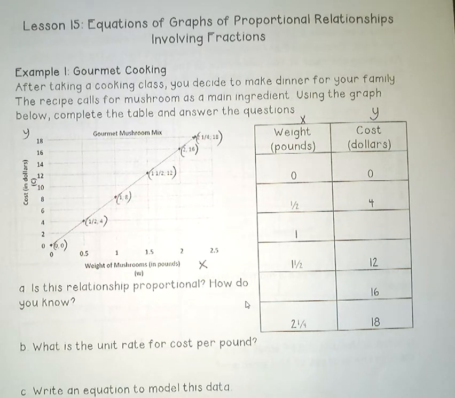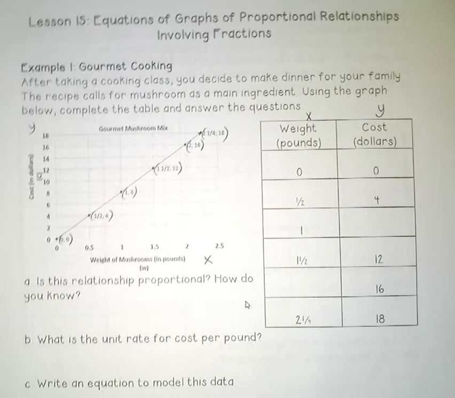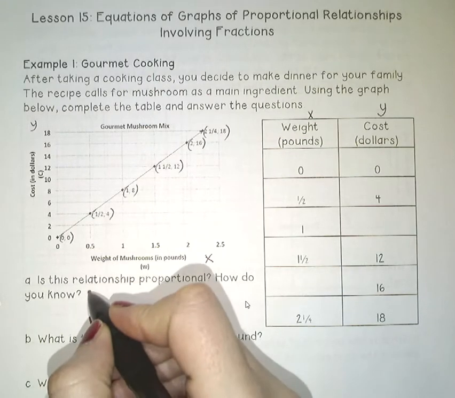So the question here is, is this relationship proportional, and how do you know? Well, I can look at the graph and I can see the straight line and I see that it starts from the origin. So I can conclude that the relationship is proportional because it's a straight line and it comes from the origin. So let's go ahead and write that down.